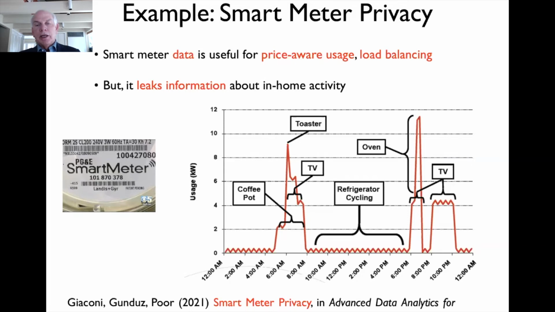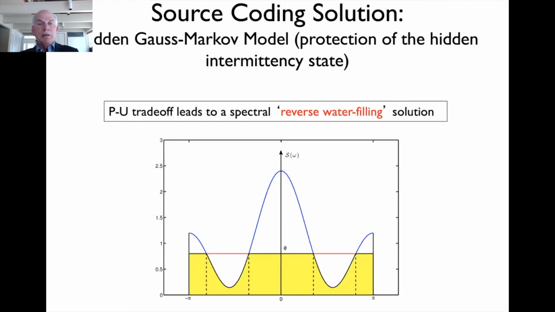Now, it turns out that we can apply a fairly good model to this, where we look at the privacy-utility trade-off, where we measure privacy in terms of leakage about transient events, which are the most informative ones, and utility in terms of the mean squared error between the reported usage and the actual usage.